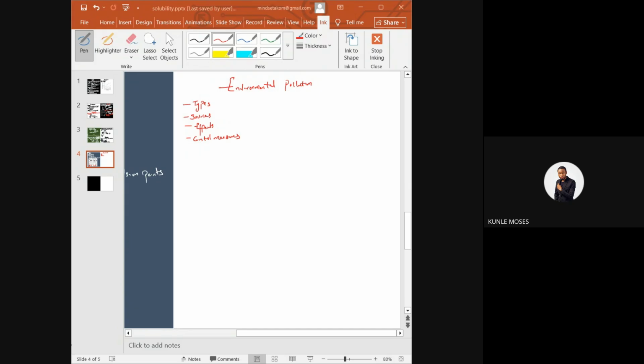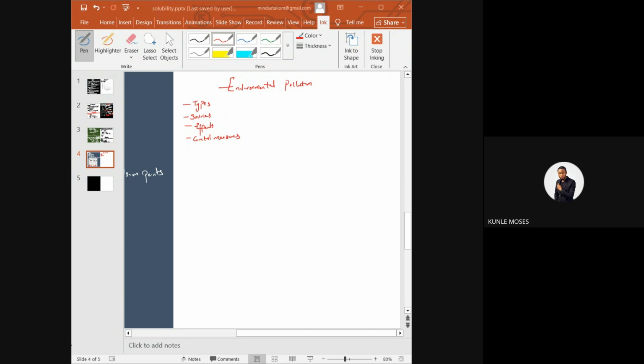For example, carbon monoxide, those black things that always come out of car exhaust pipes, and also incomplete combustion. Sulfur oxide also, nitrogen oxide also, hydrogen sulfide, and dust and smoke. The examples of air pollution, we call them air pollutants.